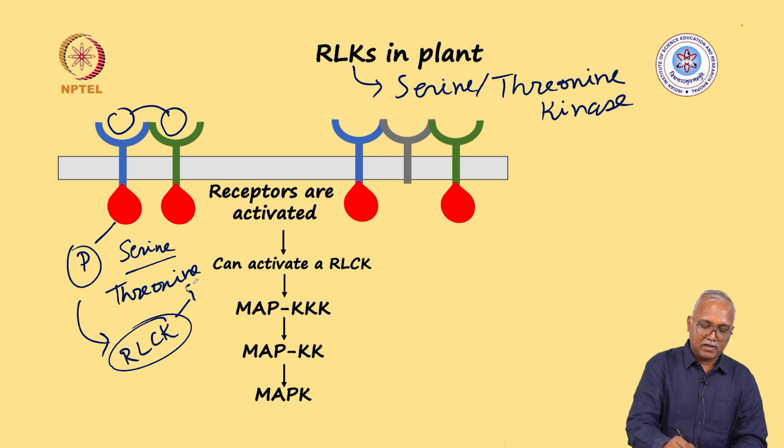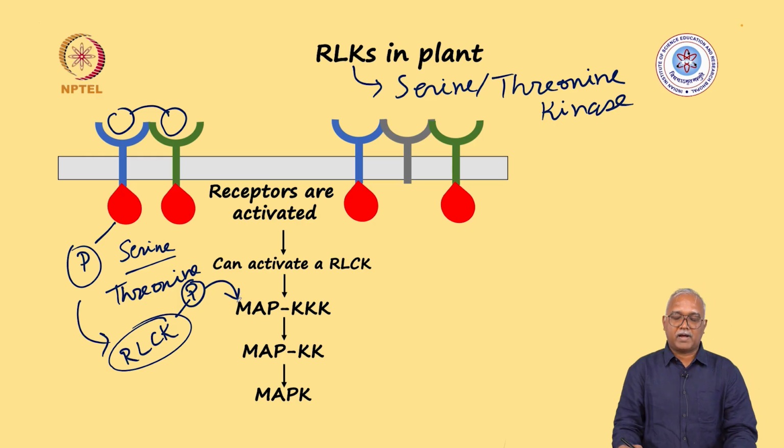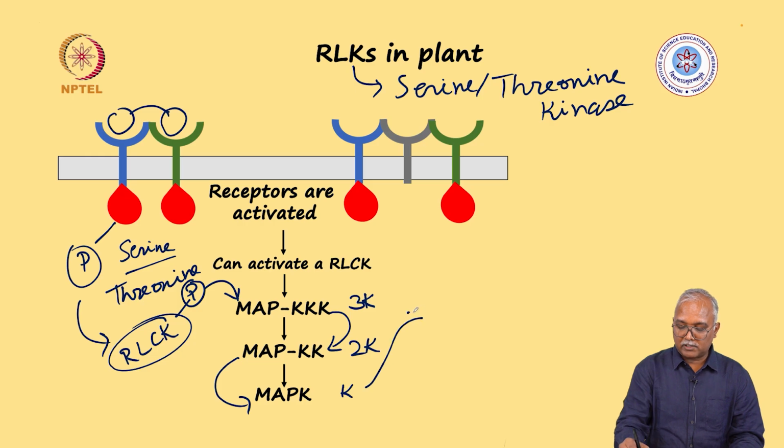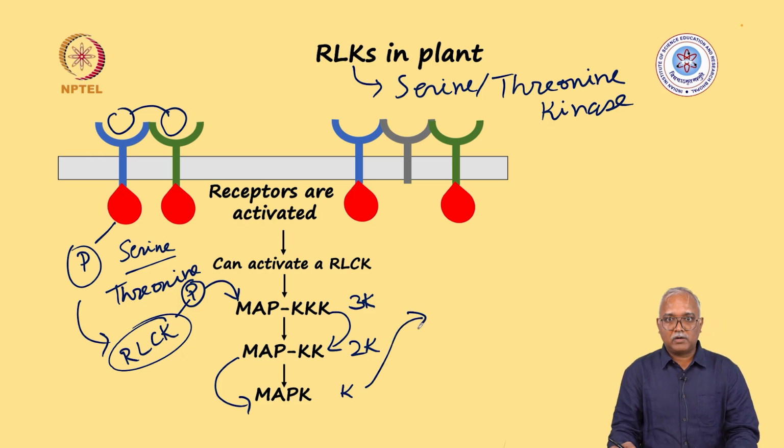This activated RLCK was impinging on the MAP kinase pathway, where we saw MAP3K getting activated, which in turn activates MAP2K, and this activated MAP2K in turn activates MAPK, which was sending signal to effector molecules.